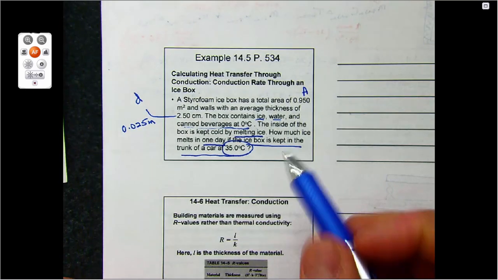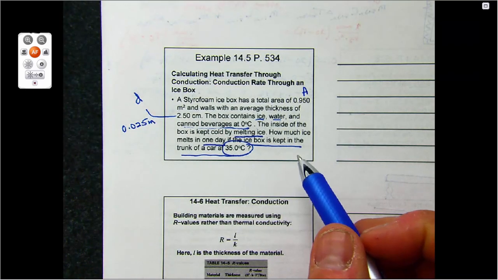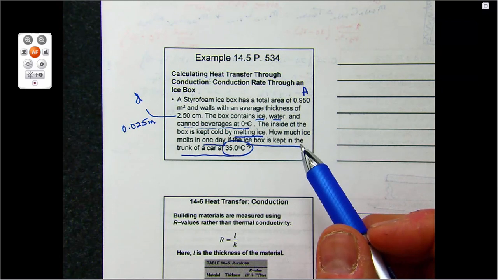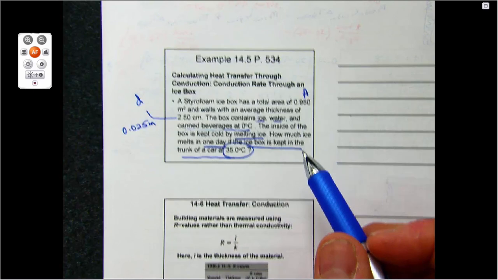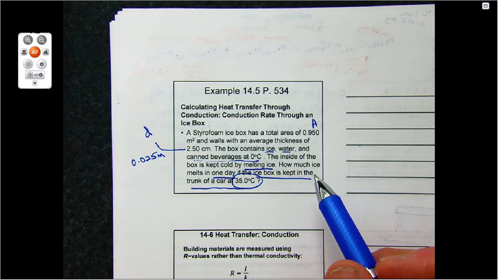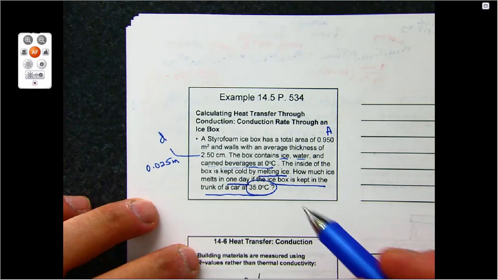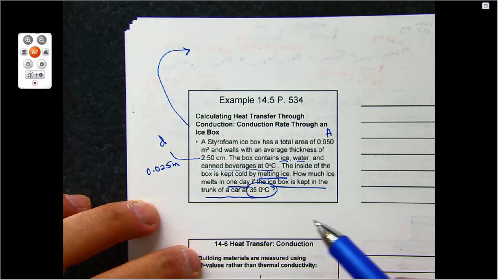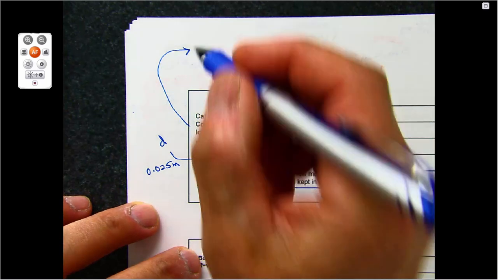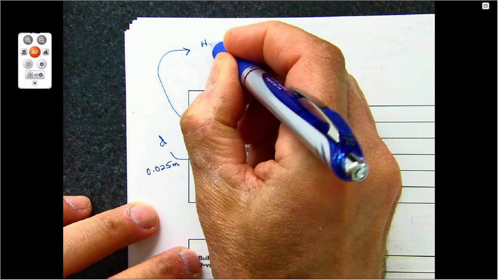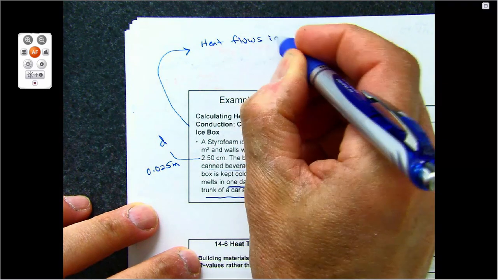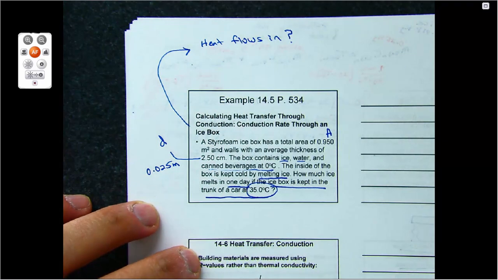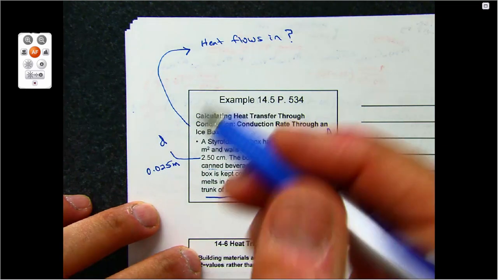And this would be almost doable as a lab. We could get different coolers, close them, measure out how much ice we have the next day or something like that. First of all, how much heat is going to flow into the box? How much heat flows in?